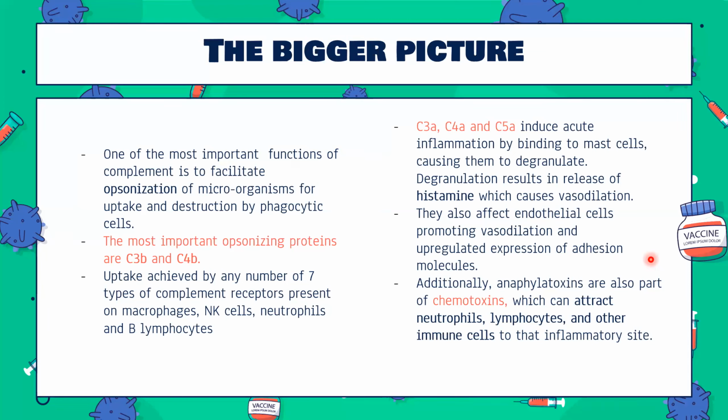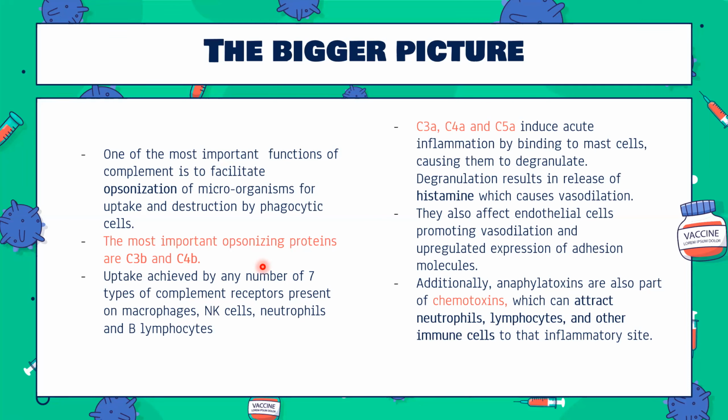So the pathogen gets met with an antibody, the antibody binds to it, and then the macrophage has an Fc receptor that recognizes that Fc region and realizes, okay, something is wrong. An antibody should not be binding to this if it was a normal cell. The same exact thing happens with C3b and C4b. Natural killer cells, macrophages, neutrophils, and B lymphocytes all have receptors for C3b and C4b. So they work as opsonization proteins, or opsonins.